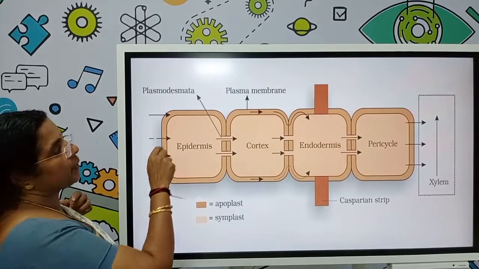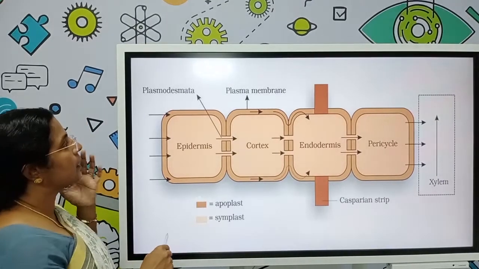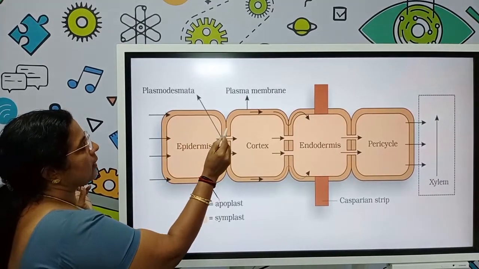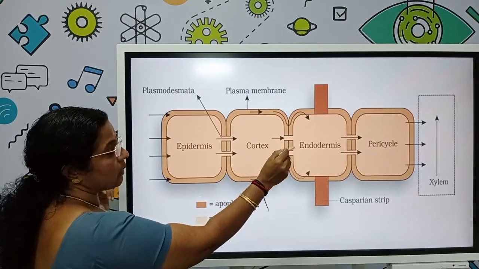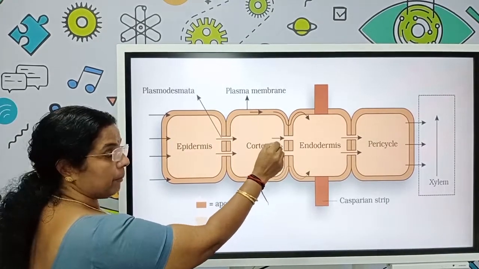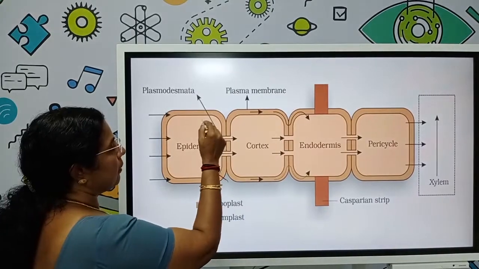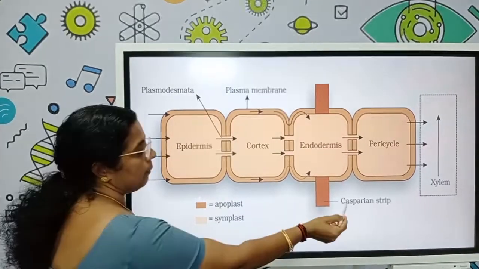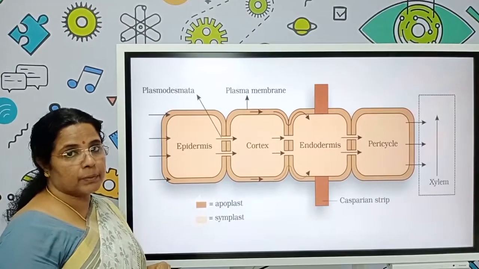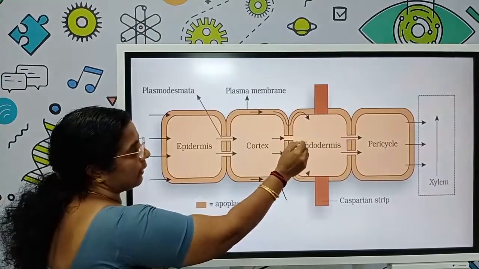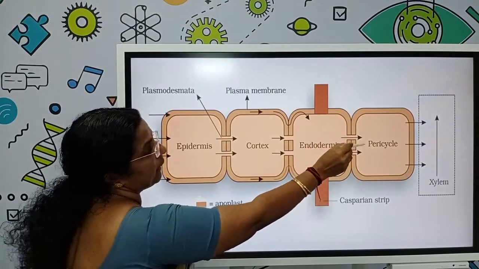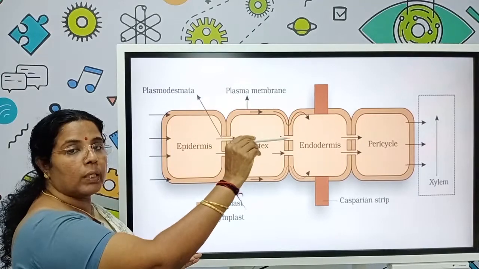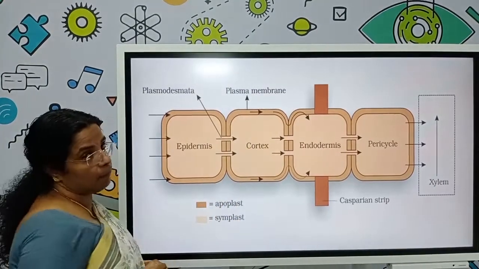You can see the picture showing the apoplast and symplast pathways. In the apoplast pathway, the water moves through the cell walls. It never crosses the plasma membrane or cell membrane. But when it reaches the endodermis, due to the presence of Casparian strips, the water gets into the pericycle or passes through the endodermis only through the symplastic pathway.